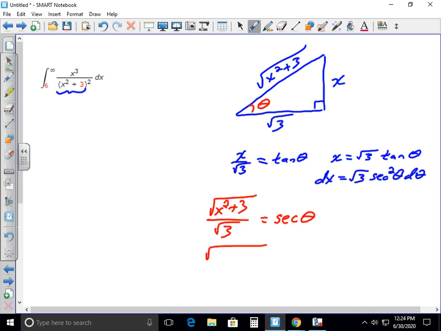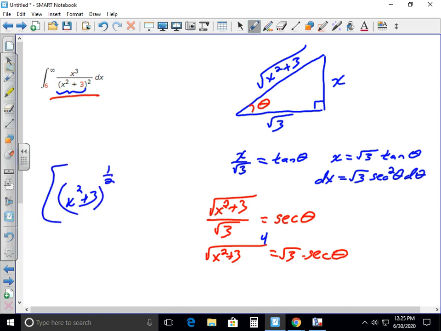So that means that the radical is root 3 times secant. Well, that's the square root of x squared plus 3. We need x squared plus 3 to the second power. Well, if we have a square root and we want to turn it into a square instead of a square root, we can raise it to the fourth power. Think about if we have something to the square root, or the 1/2 power.